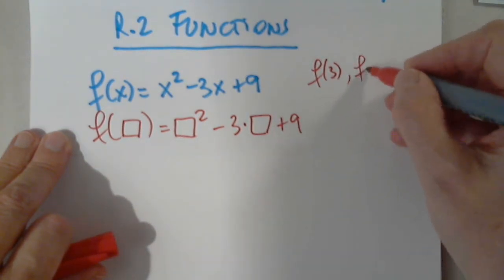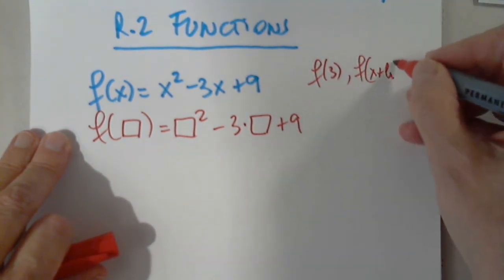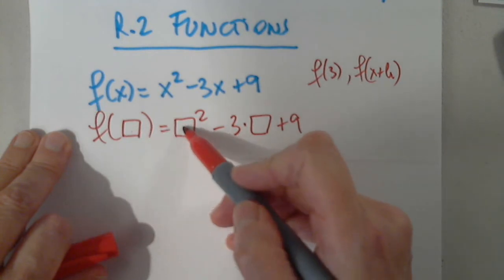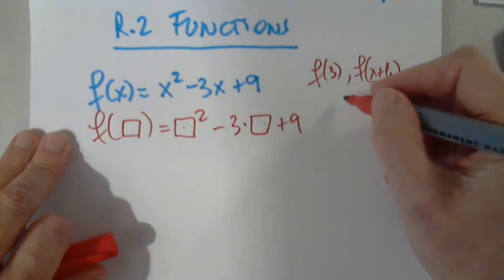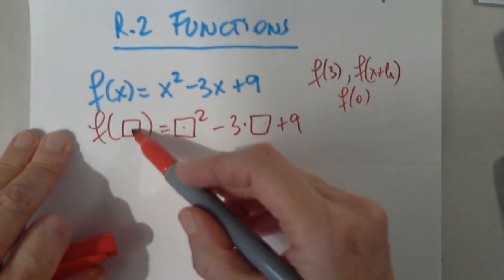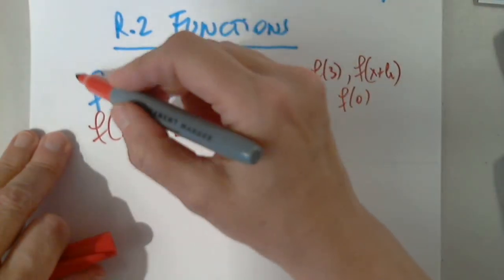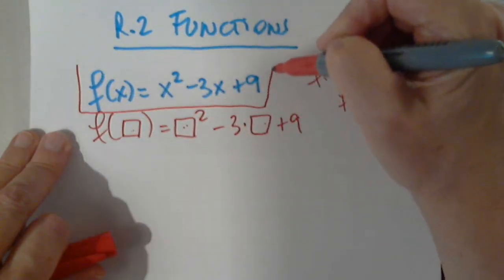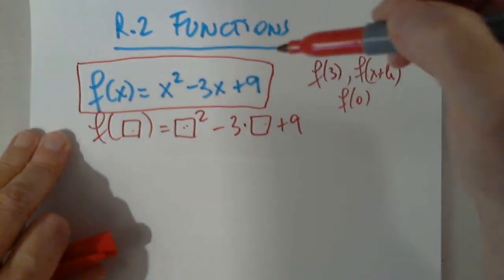If you ask me to find f of x plus h, I will put x plus h, x plus h, x plus h. If you ask me to find f of 0, then this is 0, this is 0, this is 0. So the point I'm making here is to understand the pattern.